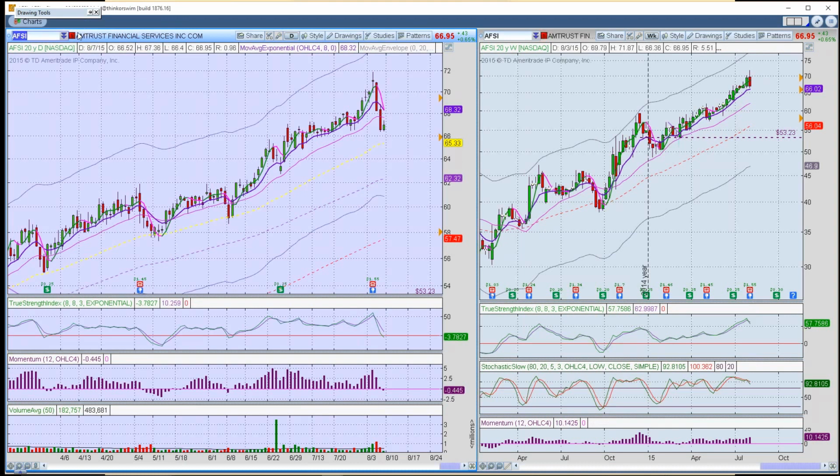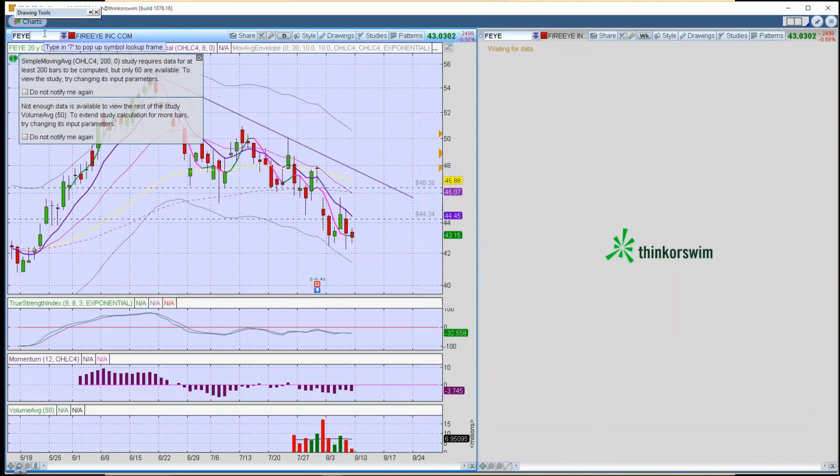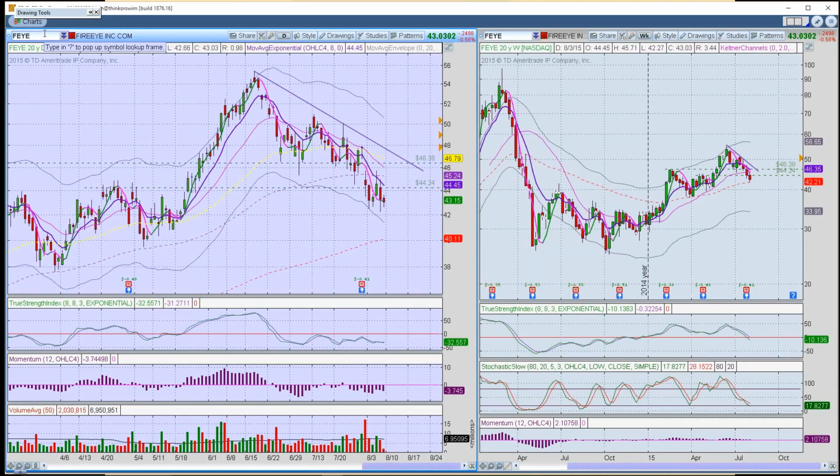FireEye is the last one I'm going to mention. FireEye is in a downtrend, but it appears like it is trying to see if it can find support here in a support zone between $44 and $40, which is the 200-day moving average.